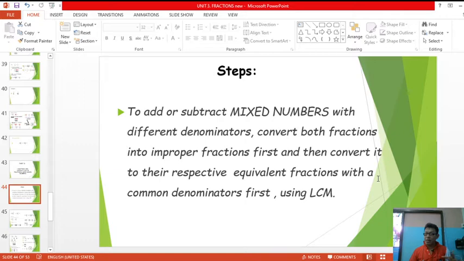The only difference is you convert the mixed number into an improper fraction first, then you do the operation, whether it's addition or subtraction.